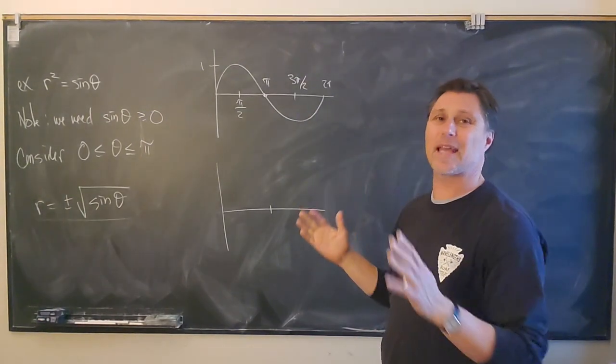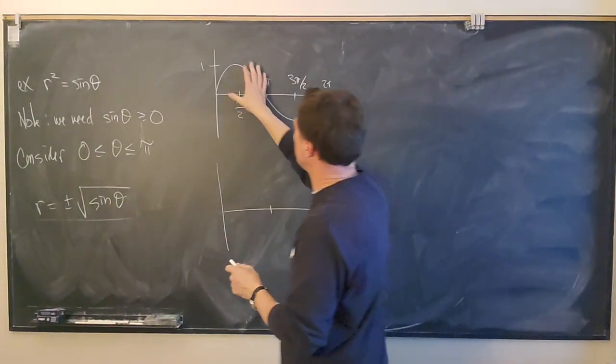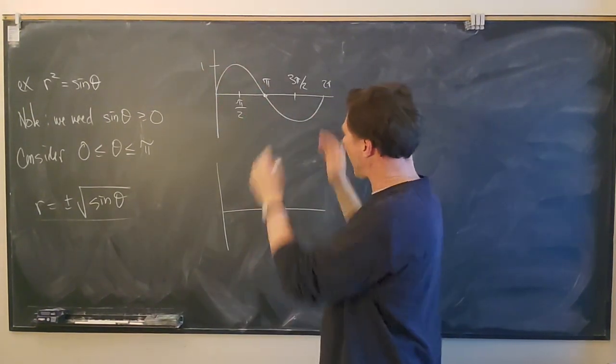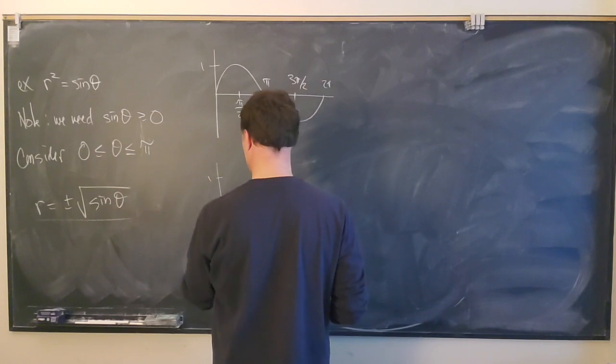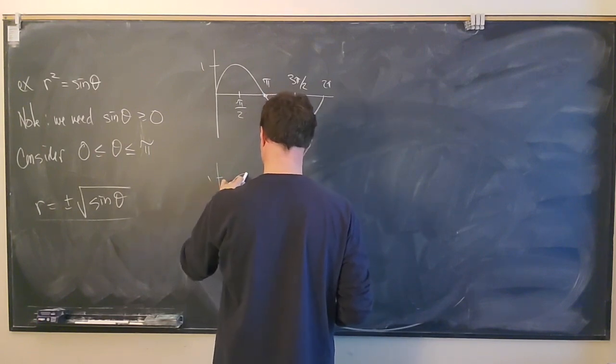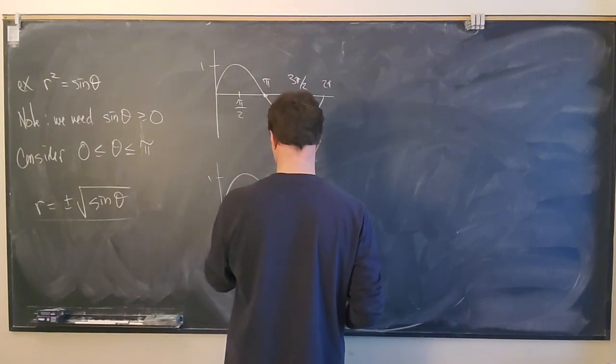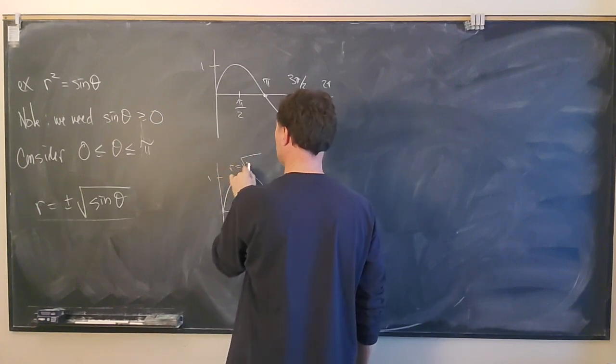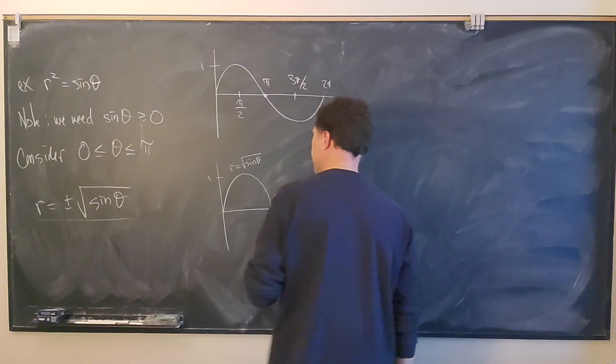It gets slightly bigger. So if you imagine taking the square root of that graph, it just rounds it out a little bit. Like that. Right, so this is the graph of r equals square root of sine theta.